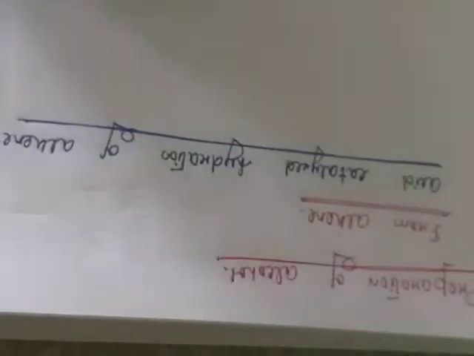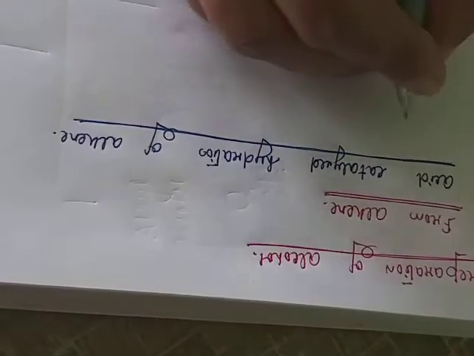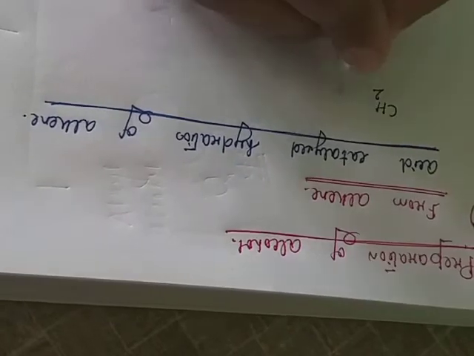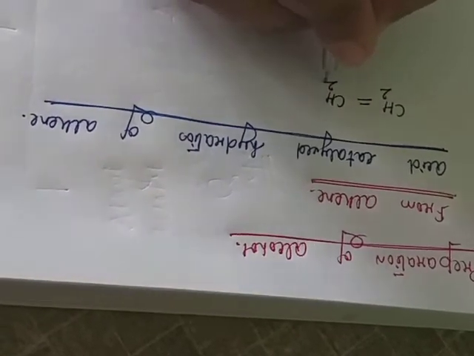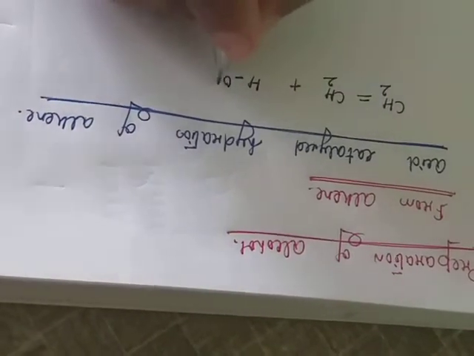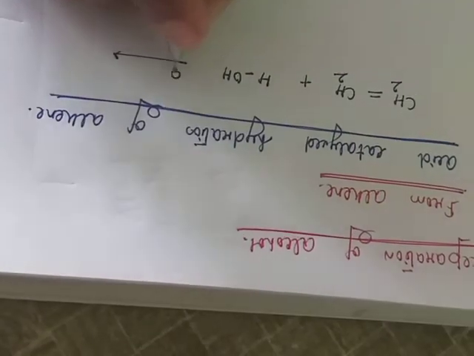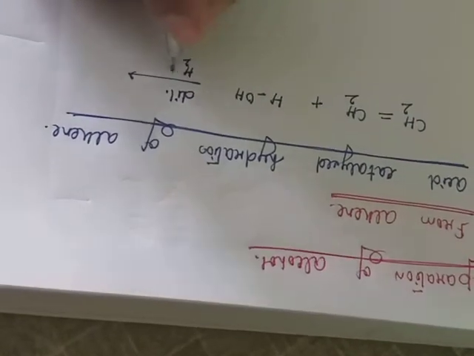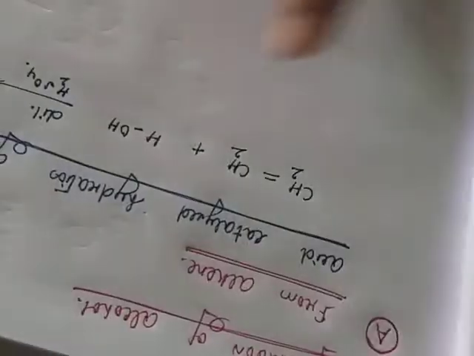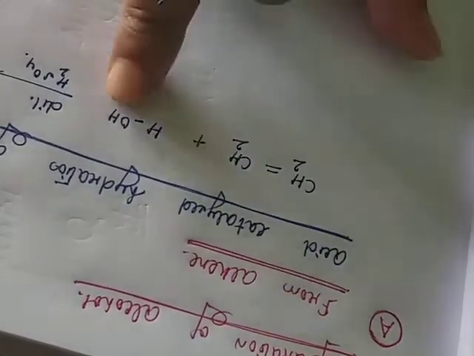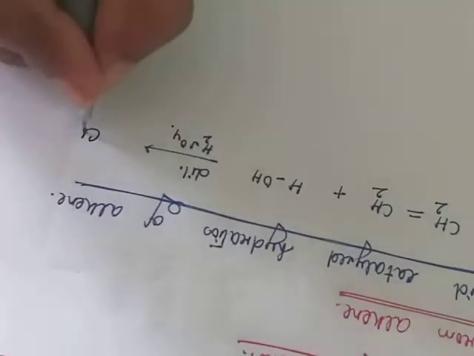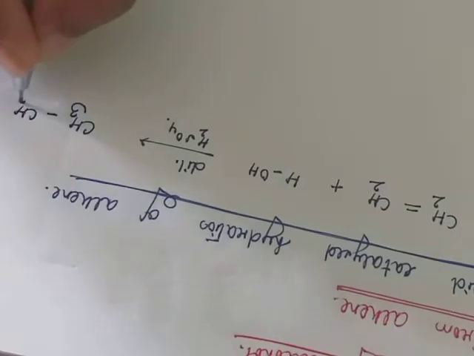So in this, if we take ethene and add water in presence of dilute H2SO4, H goes to this carbon and OH to this carbon, and thereby we will get ethanol.